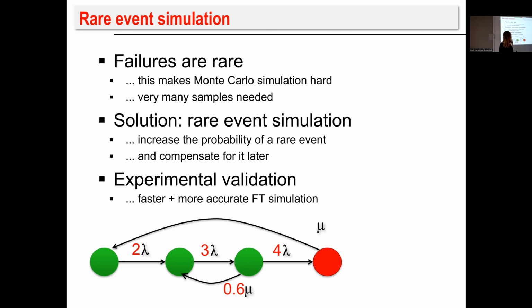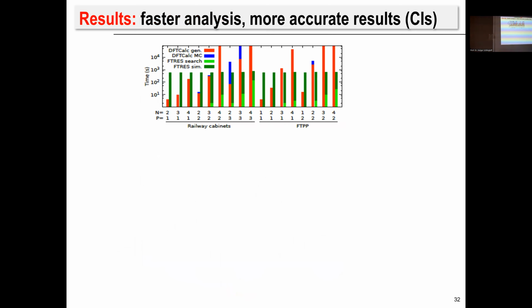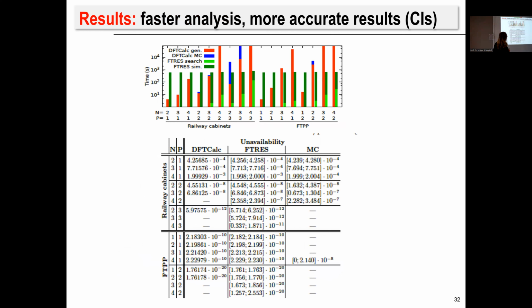An expert needs to know those are the failure distributions, so we need to increase those, and those are the repair distributions, so we need to decrease those. But for fault trees, they're so nicely structured that this can be done automatically. And here you see that the simulation time is much lower.